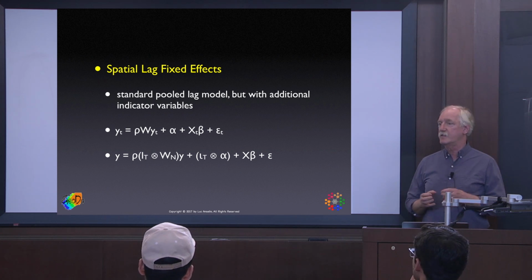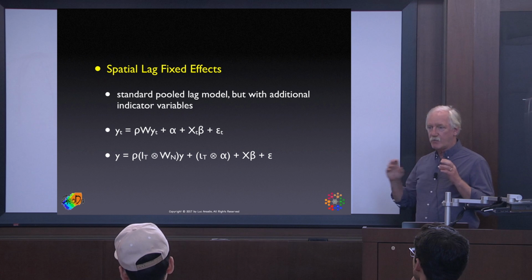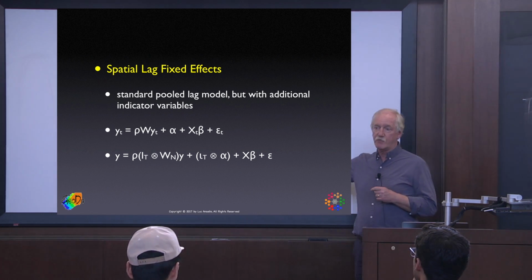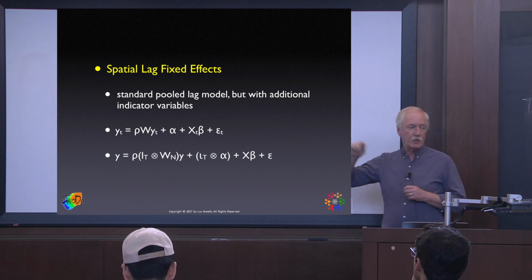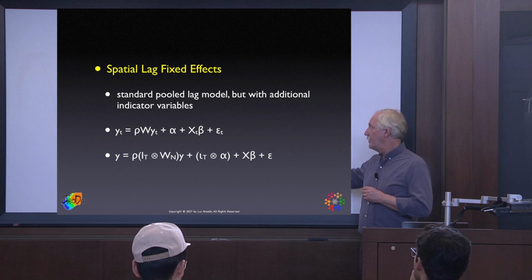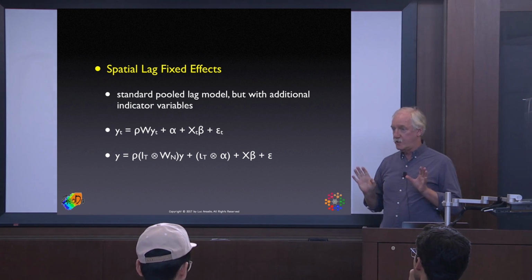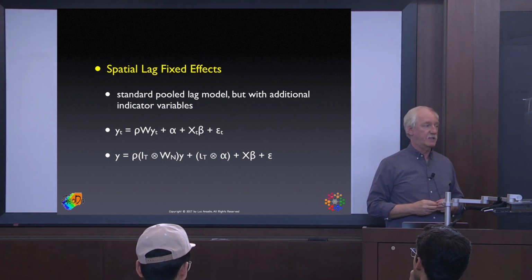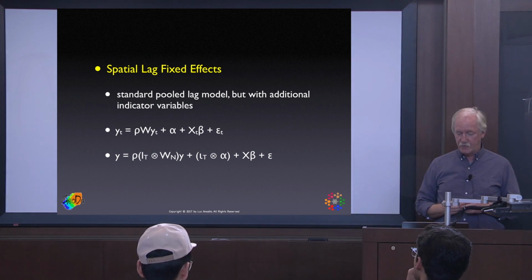So you can think of this as a lag regression for each time period, but the autoregressive coefficient, the rho, doesn't have a t subscript, so that's the same rho in all times. Same for the betas, no t subscript. And then our alpha vector is again our individual fixed effects.